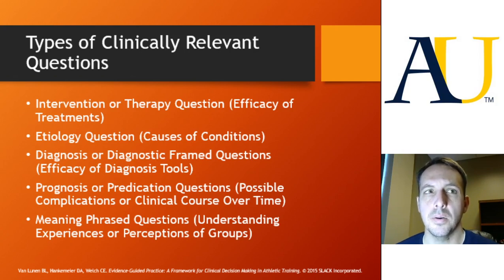Prognosis or prediction questions focus on the idea that we need to be aware of possible complications or just the clinical course over time. And so we might be trying to figure out what a basic return to play program looks like for an individual patient.